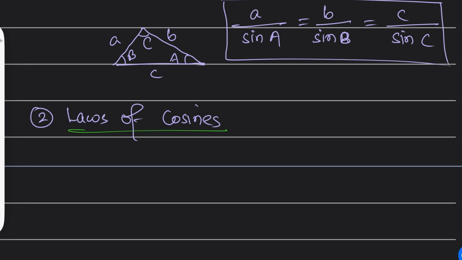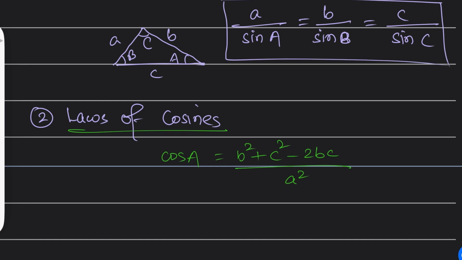The rule says that cos of angle A will be equal to b square plus c square minus 2bc by a square, sir.